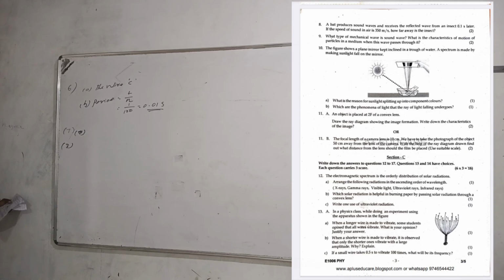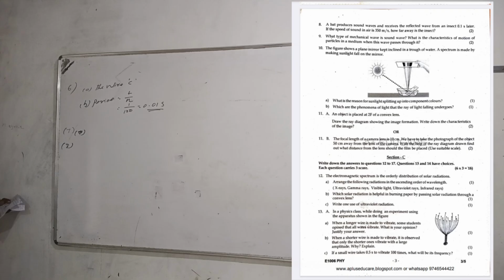If the speed of sound in air is 350 meter per second, how far away is the insect? Here we can say it is an echo: the sound reaches the insect and returns in 0.1 second.